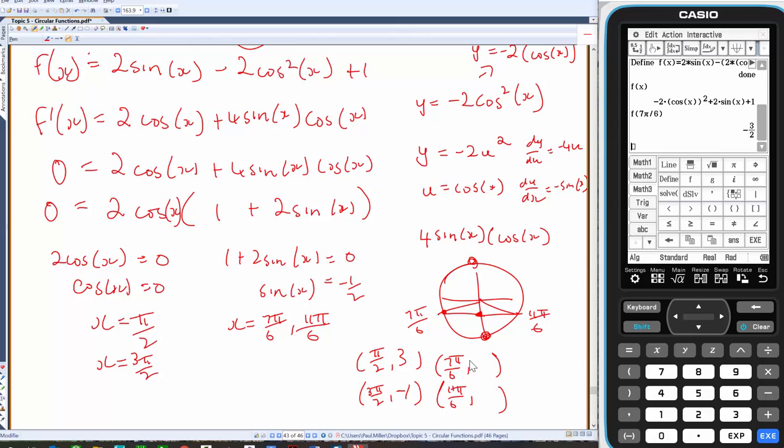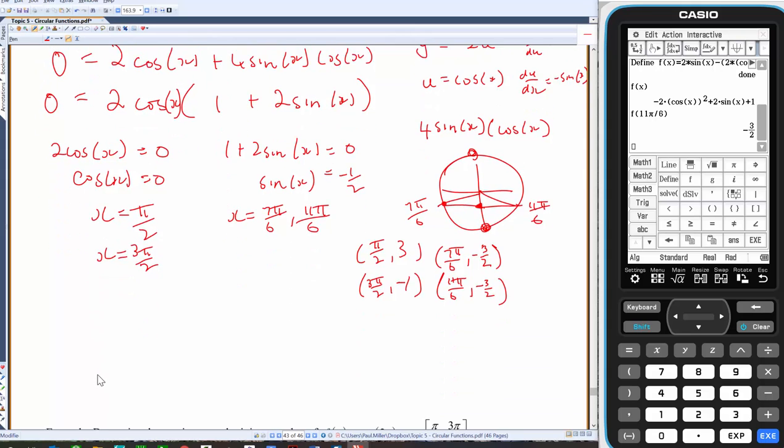Not really. Same value. Okay, so what have we done there? So again, you can do that by hand feasibly, girls, by throwing those values into the original function. I just didn't feel like doing it.